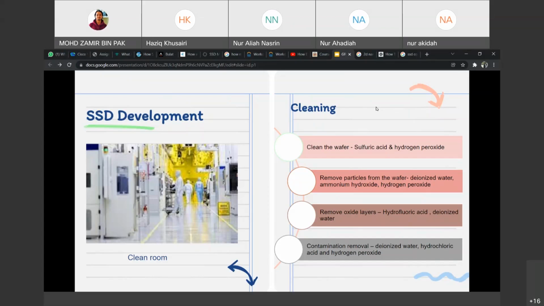This is a specifically vital step since the oxide will be used for the next part of the circuit. The final contamination removal bath is deionized water, hydrochloric acid, and hydrogen peroxide. All these chemicals are generally sourced either as a byproduct of other chemical reactions or synthesized. Next slide.